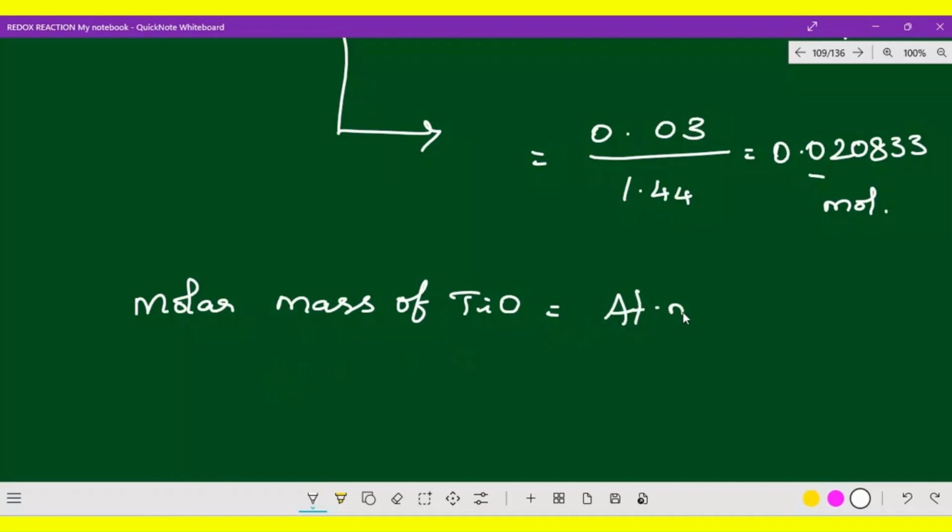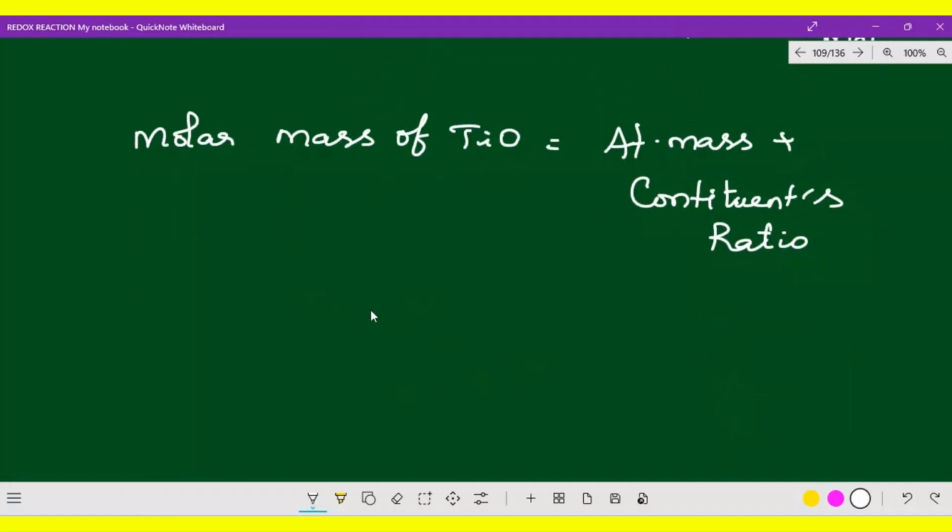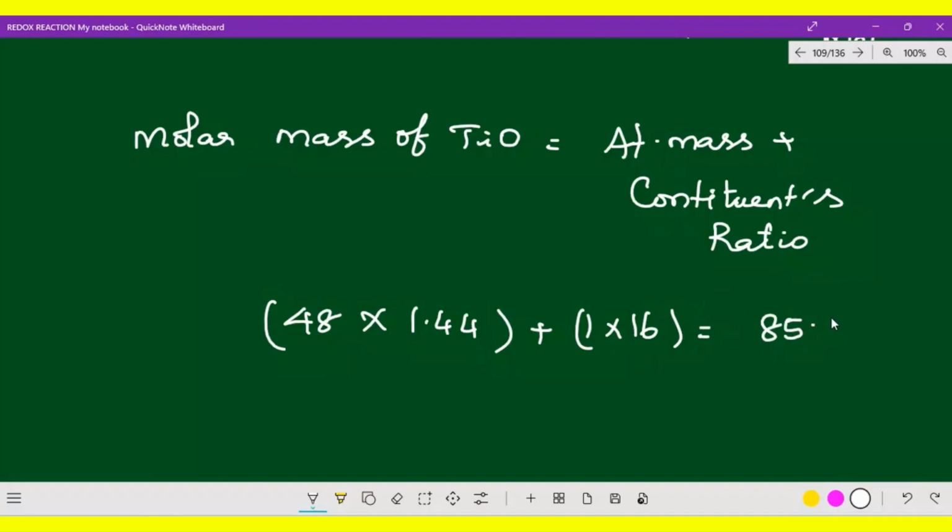Titanium is 48 into 1.44, plus oxygen, 1 into 16. Combined, you will get 85.12 gram per mole, the molar mass.